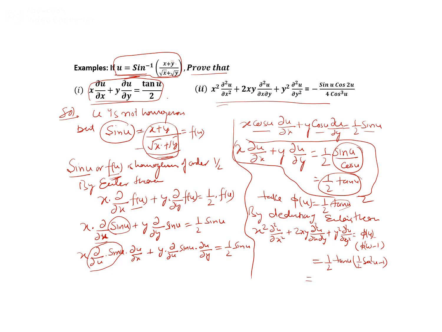On simplifying that term, we get sine u minus sine u cos 2u upon 4 cos cube u. So we just apply some trigonometrical identities and simplify, we get the right hand side, and in that way, by using the deduction, we can directly prove that second identity.